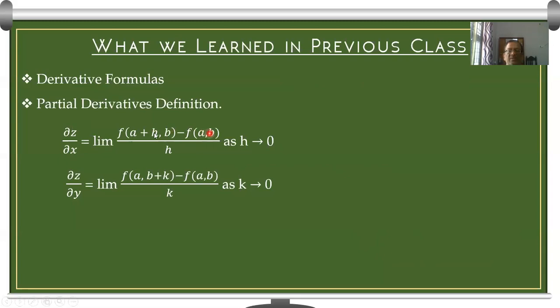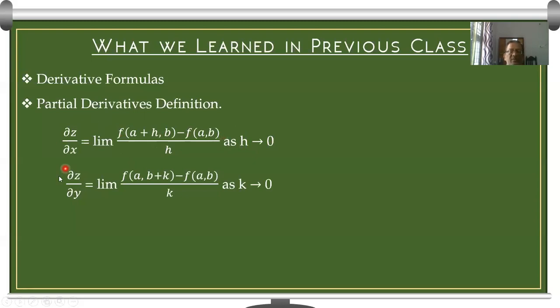That means there is an increment h in the x value a, a very small increment in x. Definitely z is the dependent variable, which depends upon x and y values, so z also changes now. Therefore, f of a plus h comma b minus f of a comma b by h, where h tends to a very small increment, is called the first order partial derivative.